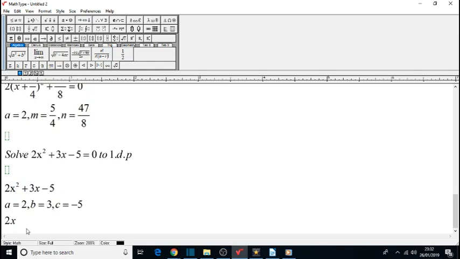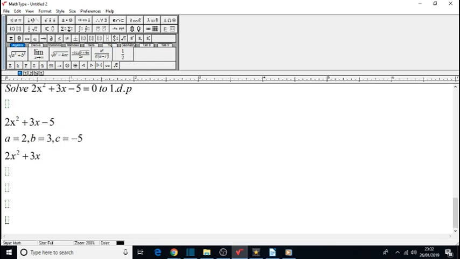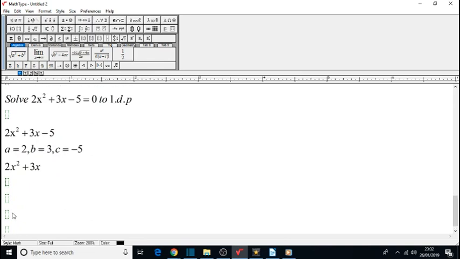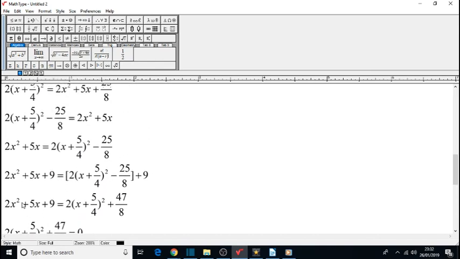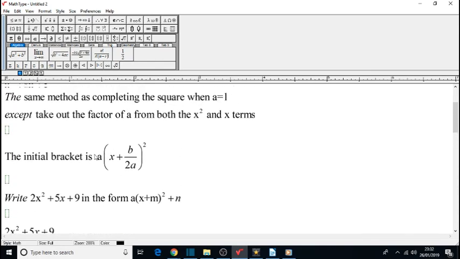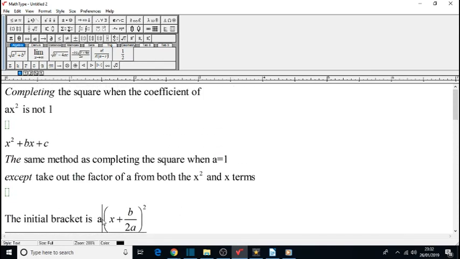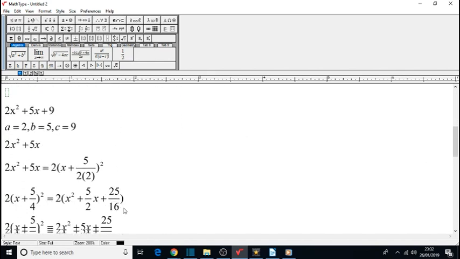We want our initial bracket to match the coefficient, so 2x squared plus 3x. So now we work out our initial bracket. If you remember, initial bracket is the factor, so what the a is equal to, (x + b/2a) squared.